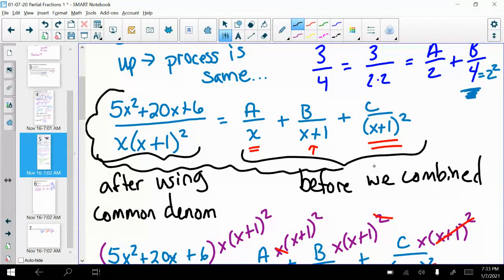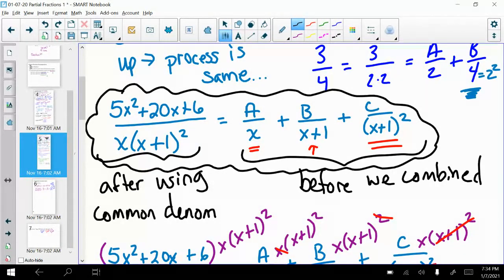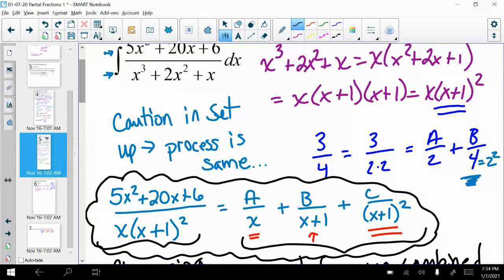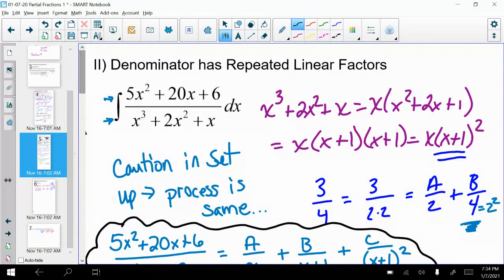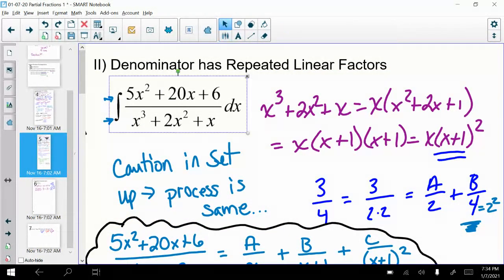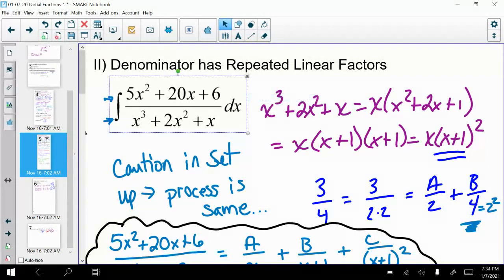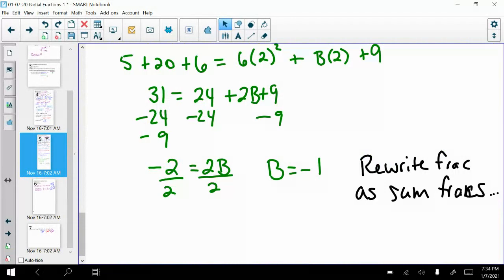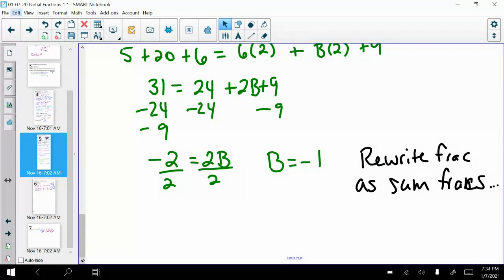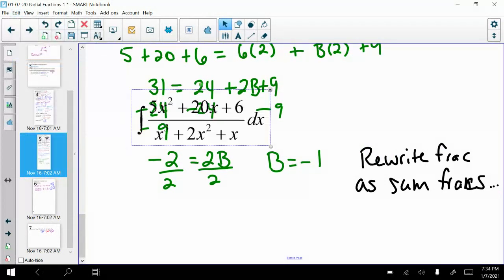Except now I know a, b, and c. Okay, and I'm going to write this with my integral. So my original problem, I'm going to use a little bit of copy paste for us. My original problem was this 5x squared plus 20x plus 6. So I'm going to copy that and take it down to the end here, and I'm going to paste it.